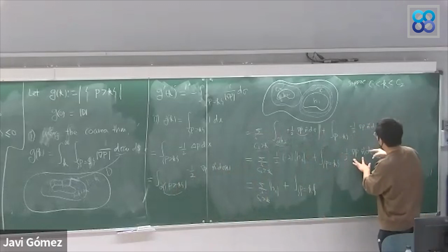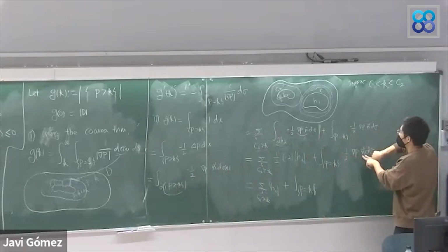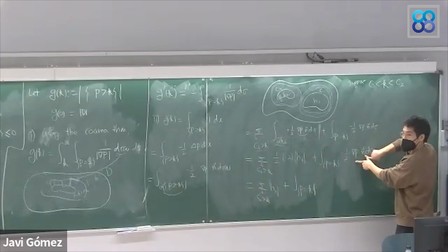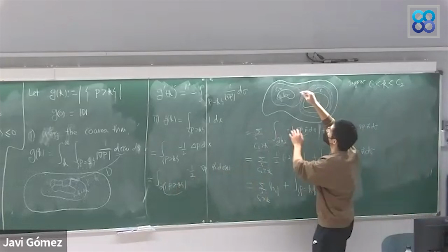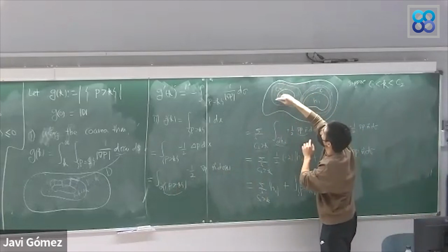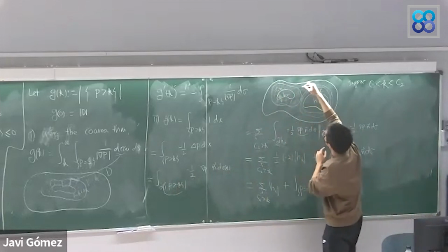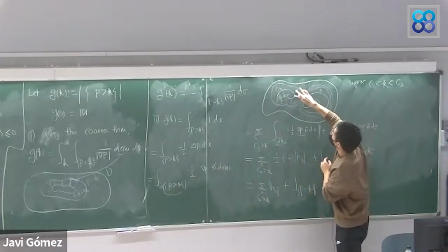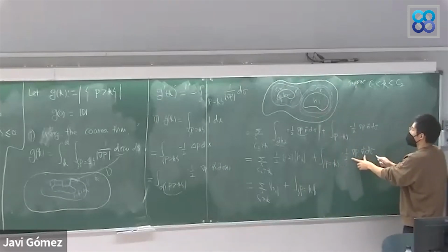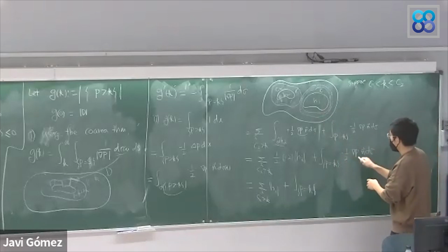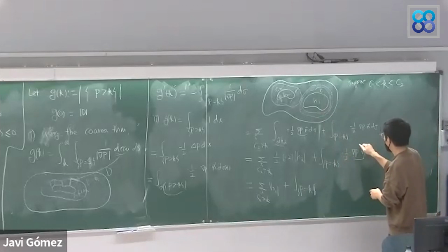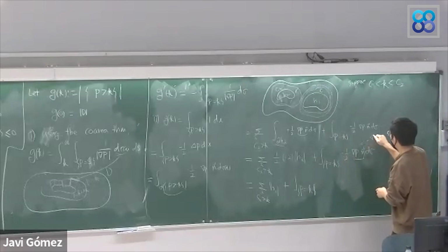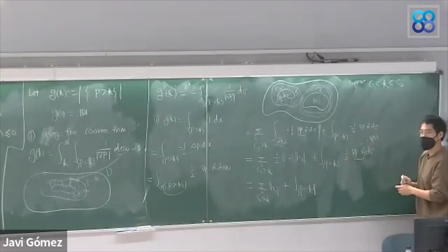On the level set, the normal vector is always parallel to the gradient of P, right? And when you look at this level set, for example, this is the area where P is bigger than K. So the gradient is always pointing inwards. So the normal vector and the gradient are parallel, but they are pointing in opposite directions. So this guy is going to be negative of gradient P, it's negative, right?